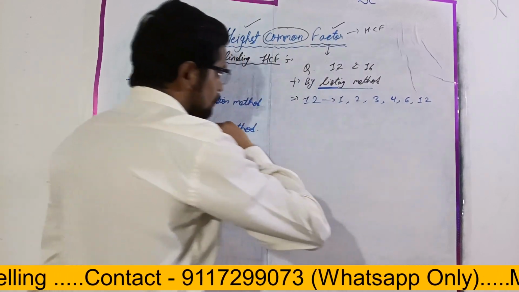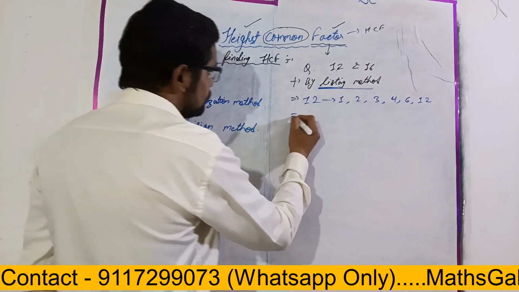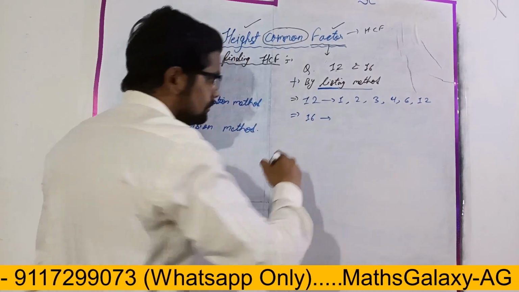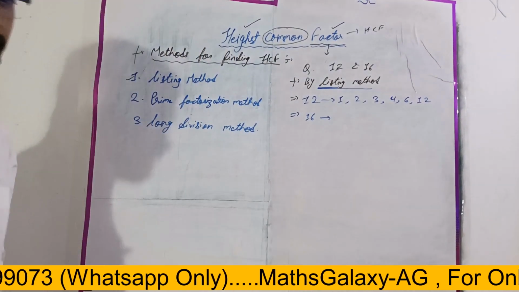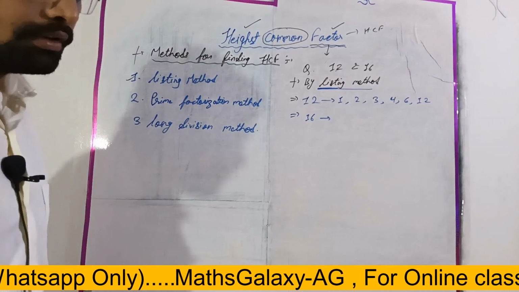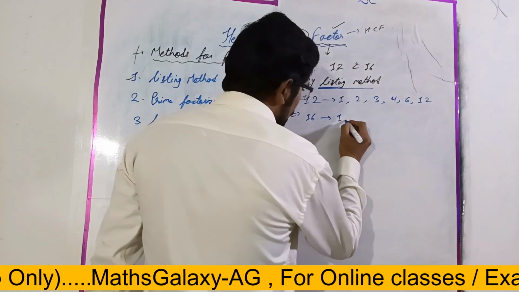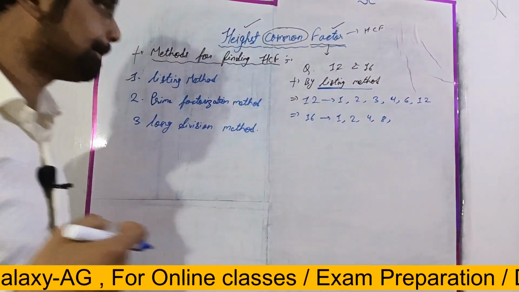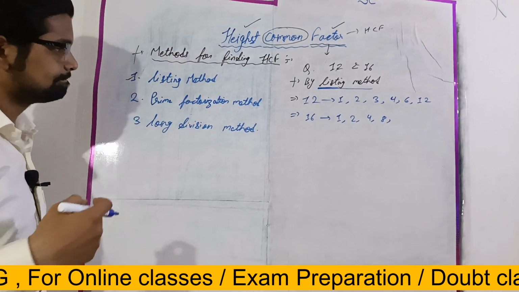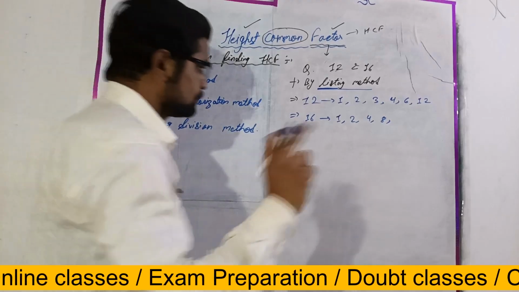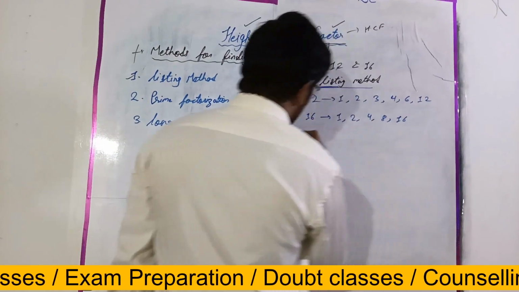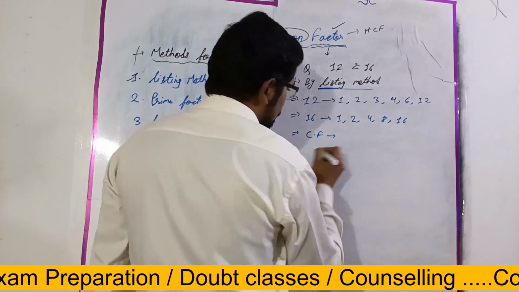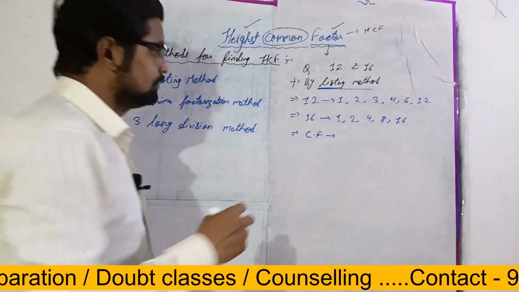After this, for 16, what are the factors? 1, 2, 4, 8, 16. Good. Now the common factors: 1, 2, 4.